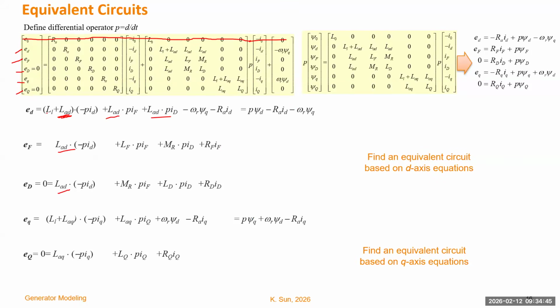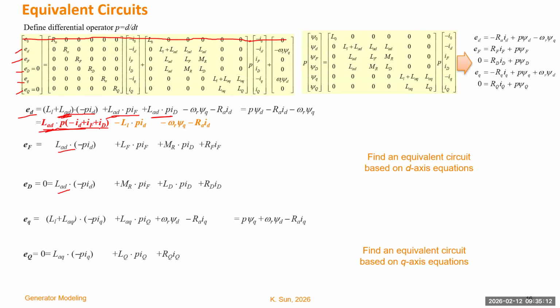So one idea is let's start from the first equation, ED. Let's see what we can generate. First, I rearrange all the items in the equation. I color any item which is related to LAD. That describes some voltage drop on this inductance. Right, so that's this item, and this item.